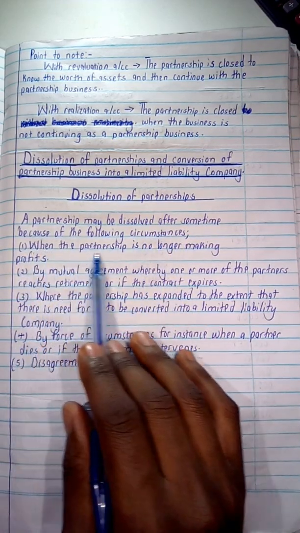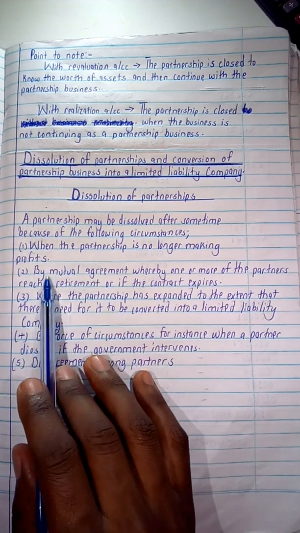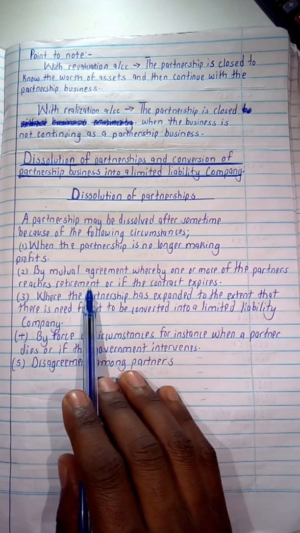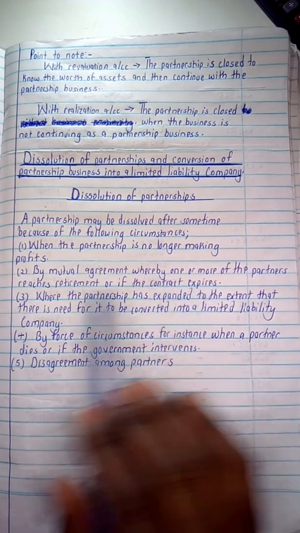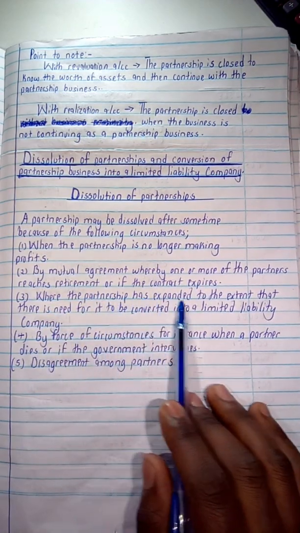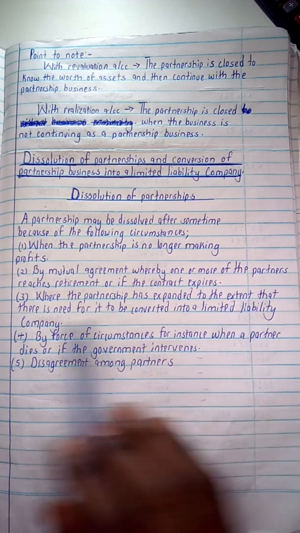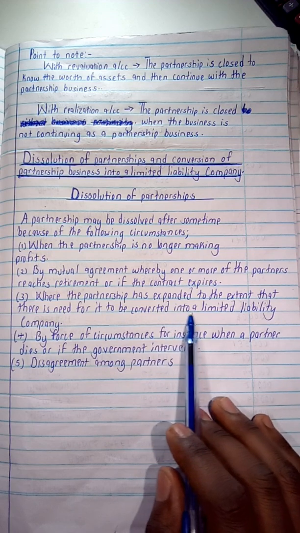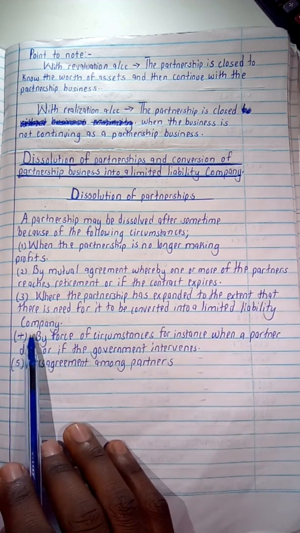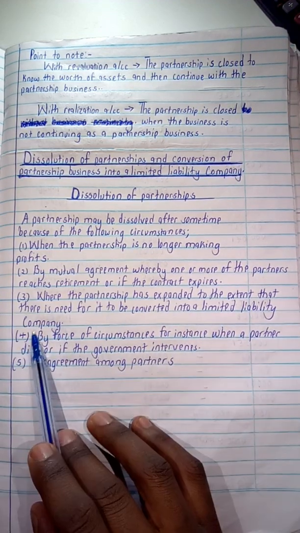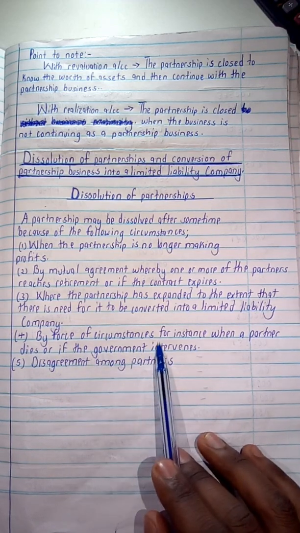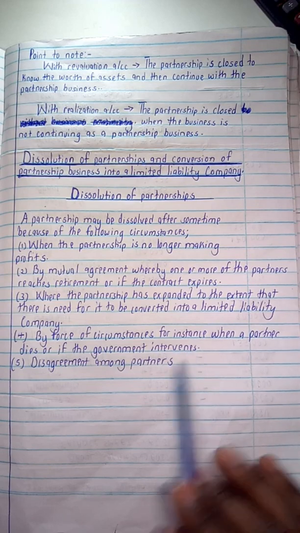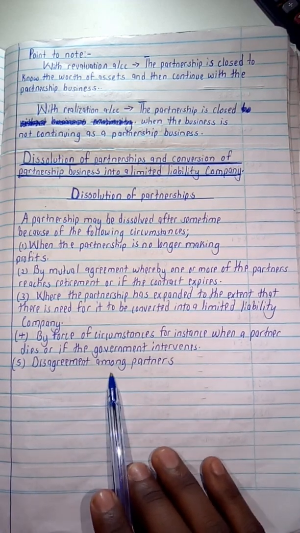One, when the partnership is no longer making profits, by mutual agreement whereby one or more of the partners reaches retirement, or if the contract expires, where the partnership has expired to the extent that there is need for it to be converted into a limited liability company by force of circumstances. For instance, when a partner dies or if the government intervenes, then disagreement among partners.